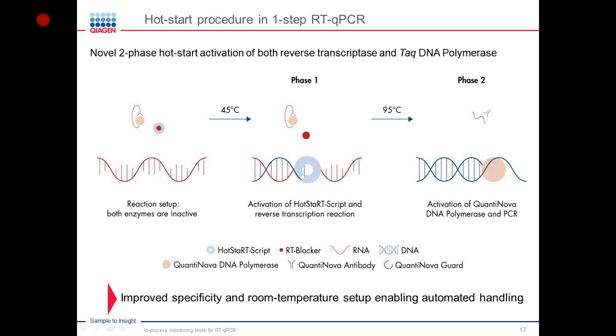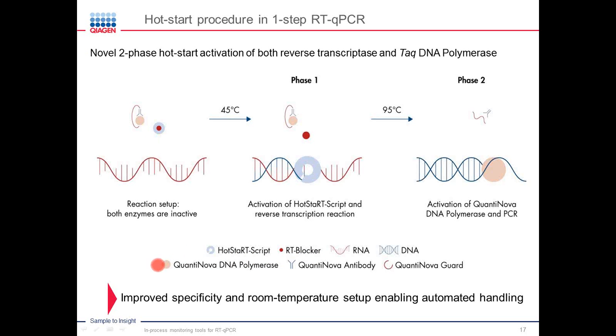Another thing I mentioned earlier is our new two-phase hot start for reverse transcription. This is a pretty nice thing because in the process for one-step RT-PCR, we are including an RT enzyme associated with a so-called RT blocker, the blue donut, which is kind of inactivated by the red dot during reaction setup.